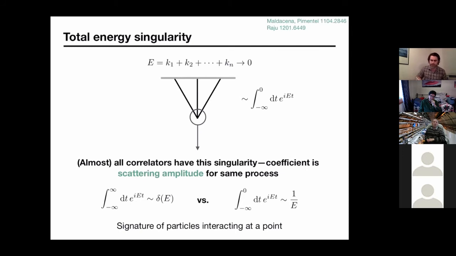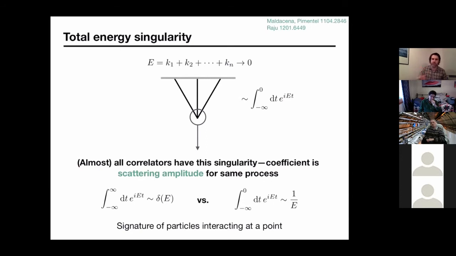Okay. There are some caveats that are not particularly important at the moment. So for our purposes, all correlators have this singularity. One way we can understand what the singularity is, is by noting that when we're doing this type of calculation, we're doing almost exactly the same thing that we do when we compute scattering amplitudes, although in a peculiar way.